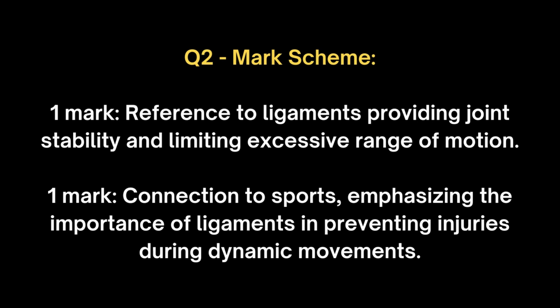Discuss the significance of ligaments in sports and physical activity. Mark scheme. 1 mark for reference to ligaments providing joint stability and limiting excessive range of motion. 1 mark for connection to sports, emphasizing the importance of ligaments in preventing injuries during dynamic movements.